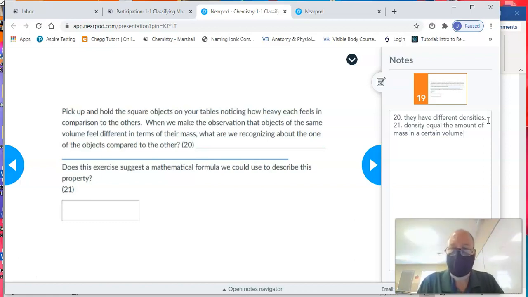So that means, based on the amount of mass I have, the density is going to be mass divided by volume. Okay, so that's my formula for density.